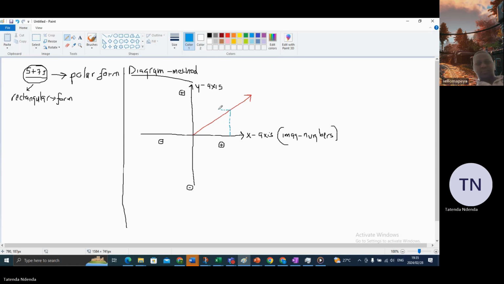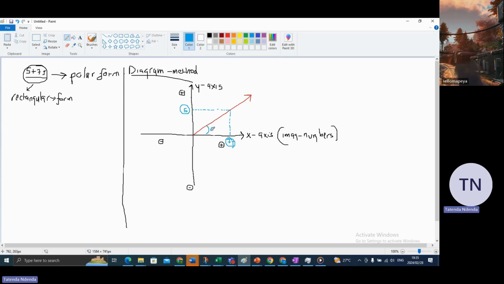This one, which is the imaginary, is going to be our 7j, and this one, the real axis, you're going to have the 5.